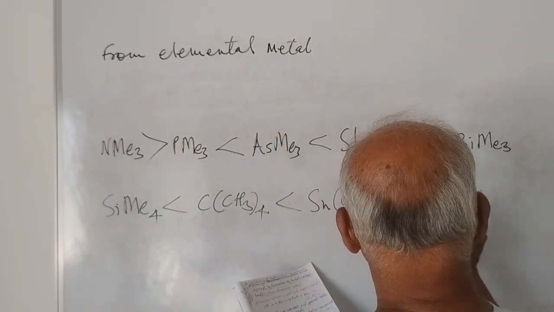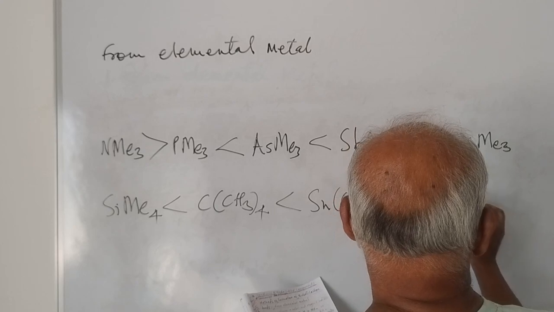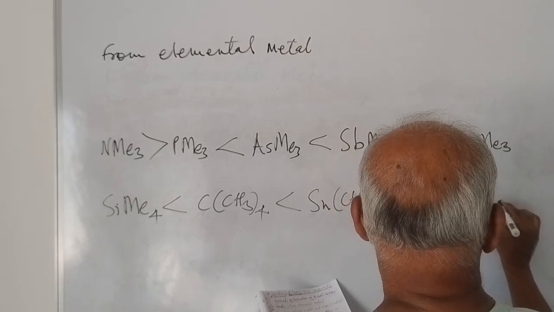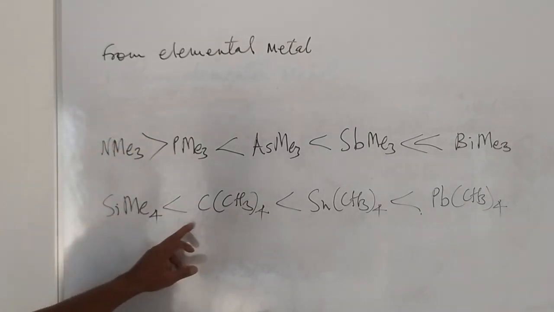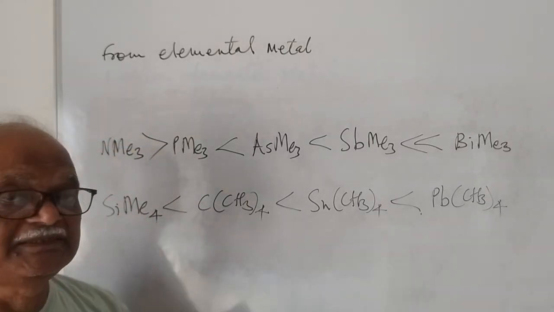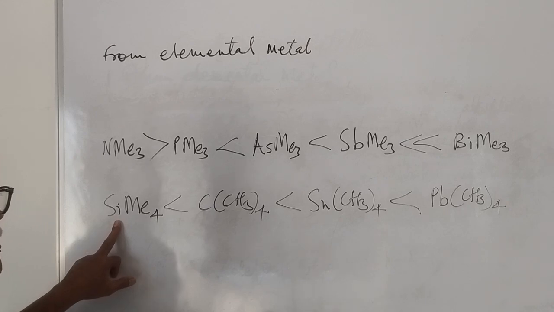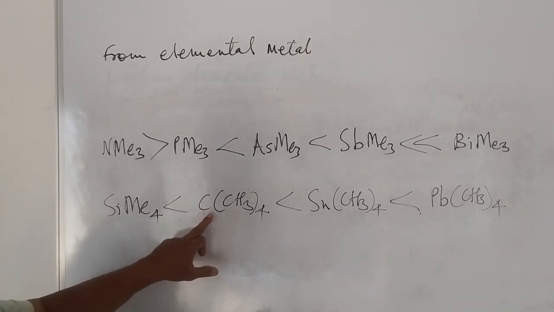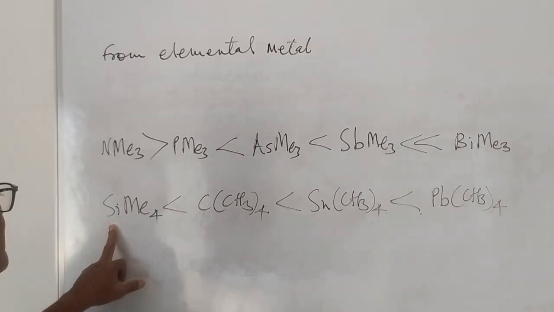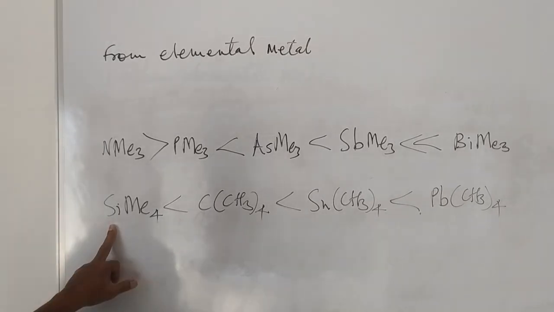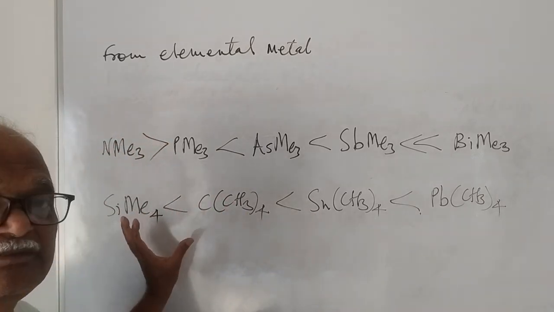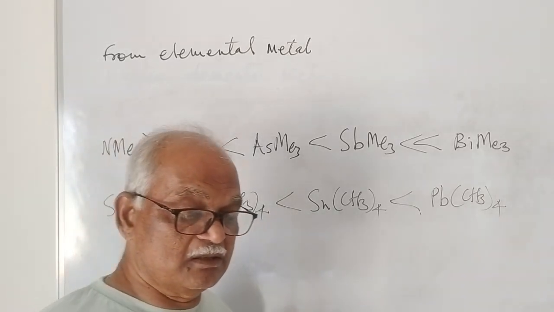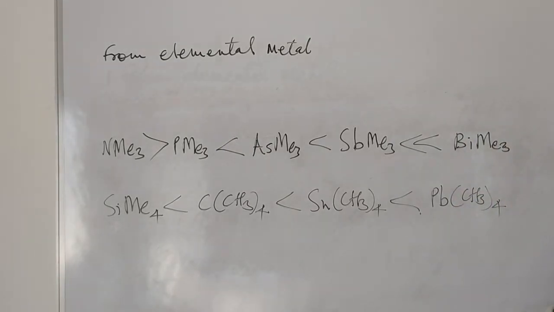Then there is Pb(CH3)4. So the driving force is also found to increase as we move down in the group of carbon. Carbon, the next element as we move down is silicon, then tin, but here there is some change in the order of the magnitude of driving force.